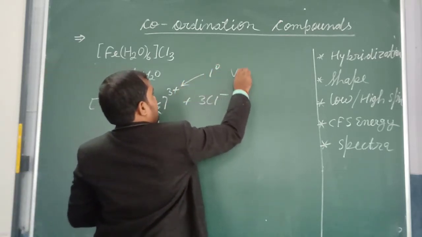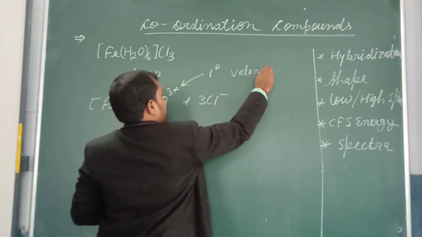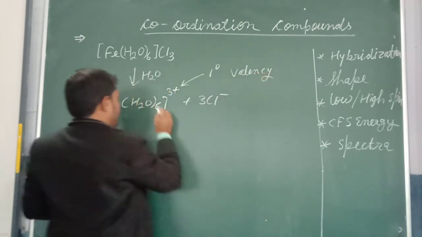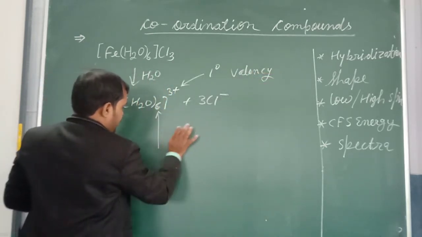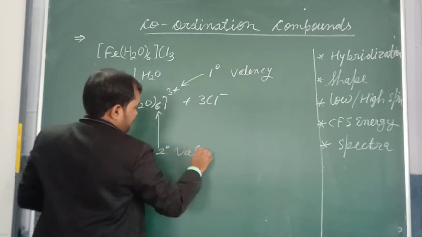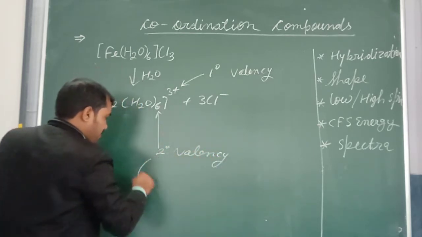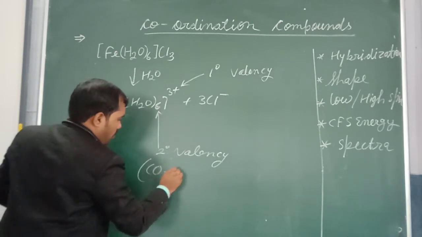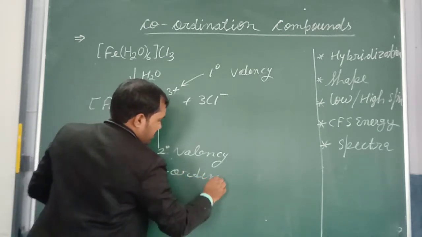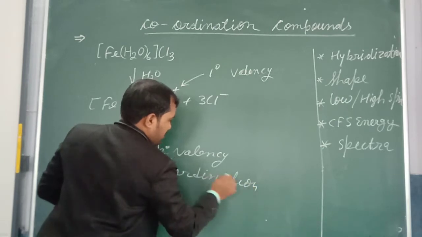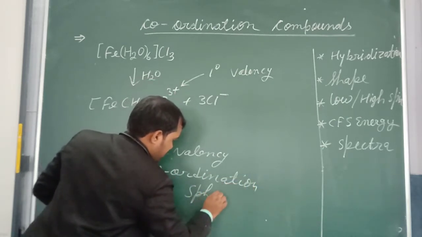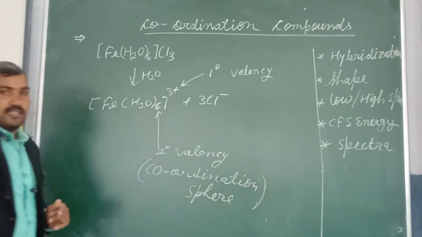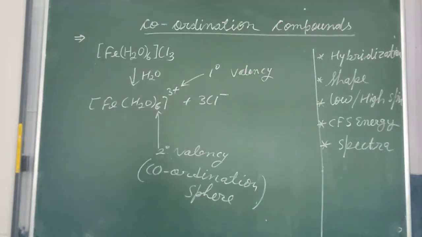This is the primary valency, the ionization sphere, and this is the secondary valency, which is also known as the coordination sphere.